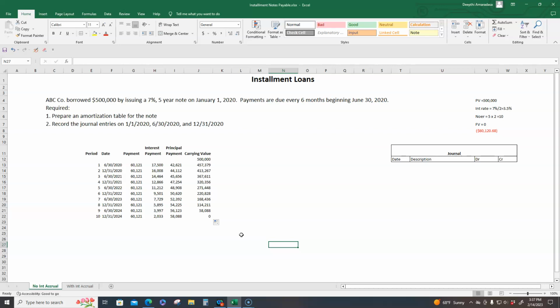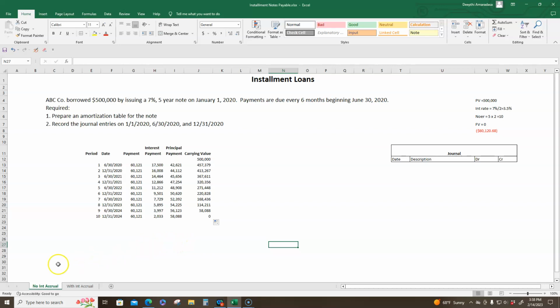But practice using cell references because this will help you get practice on Excel, as well as make sure your homework and your assignments are done much quicker. Note that after the last payment is made, we don't owe anything on that note. We have completely paid it off.